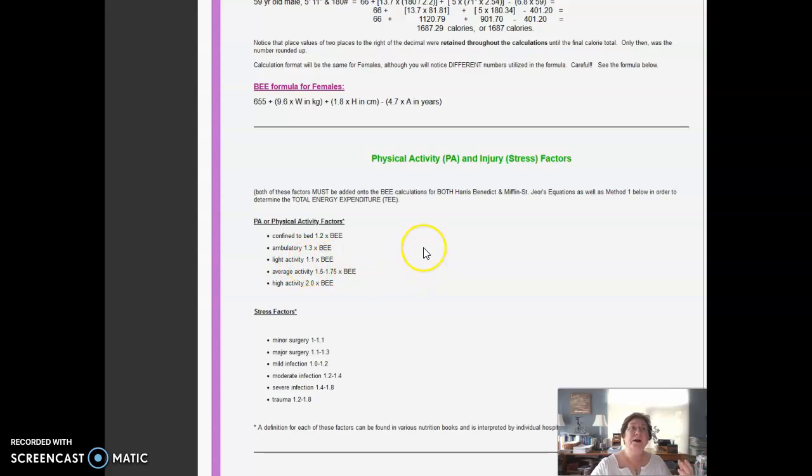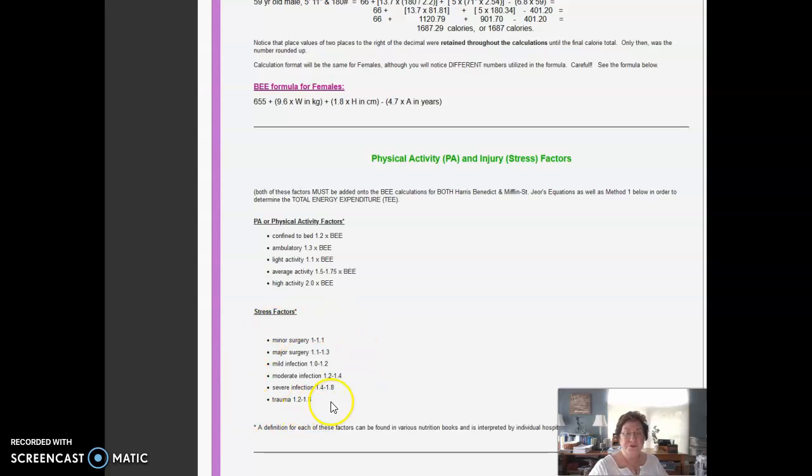And so as you begin to practice these in the summer practicum and on down the road, you get a sense of experience as to what particular levels you are going to use. But for our purposes, you need some guideline getting started. For sports and heavy activity, you might be using 1.5 or greater, 2.0, and so on. We also give you some stress factors here.